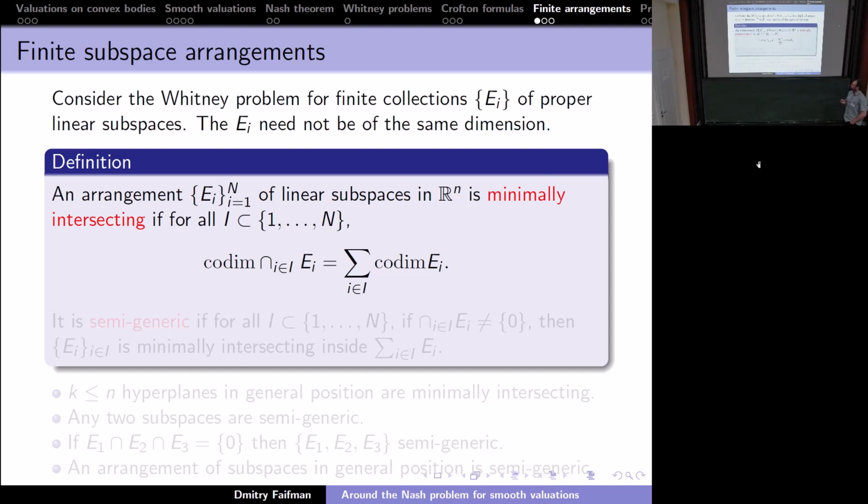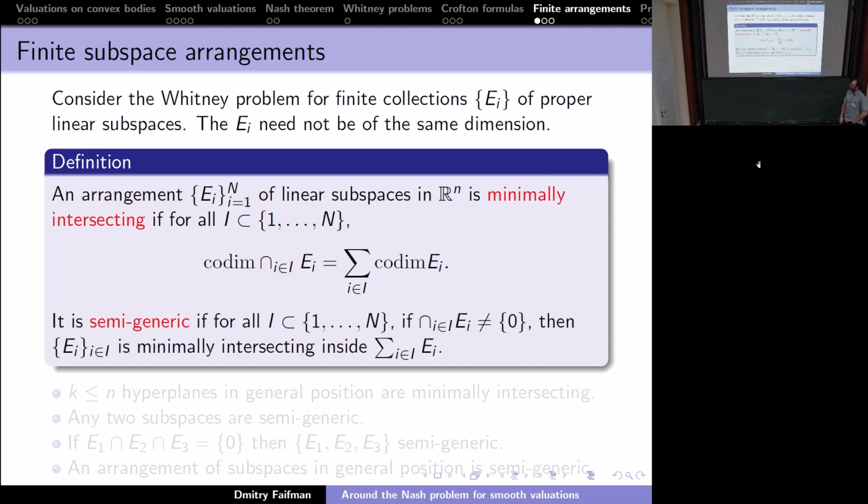That's the definition. And we will be saying that S is semi-generic if whenever you have a subset of subspaces that intersect non-trivially, this collection is minimally intersecting inside their span, their sum. Okay, so this is slightly more general than being a generic family.